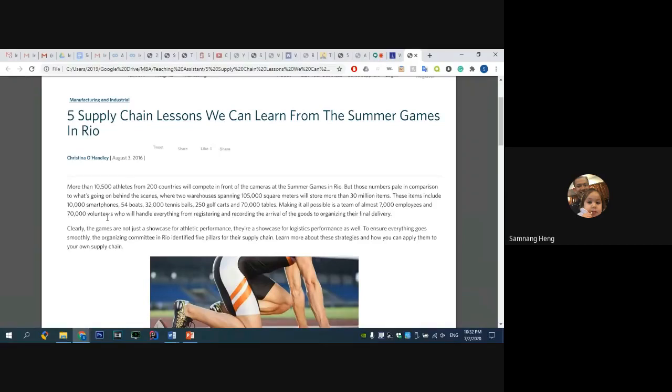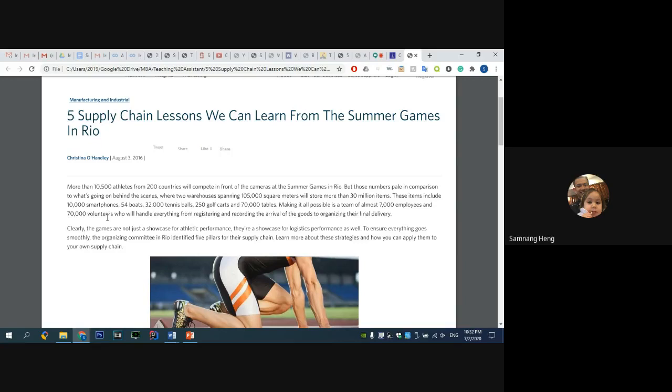Make sure the country has enough flights from all over the world, connecting flights, direct flights, and available hotels, restaurants, and transportation, especially in the Olympic games, when 10,000 people flood into the city at the same time.